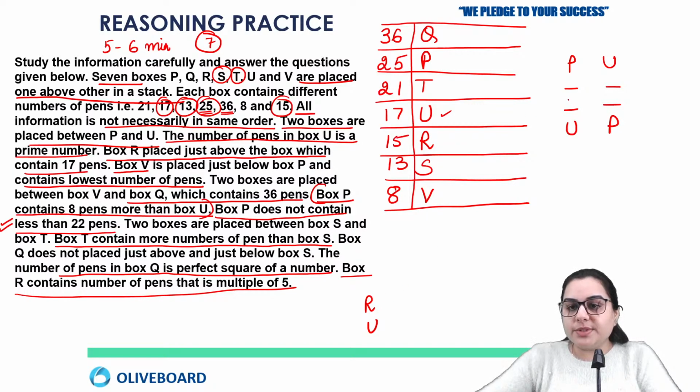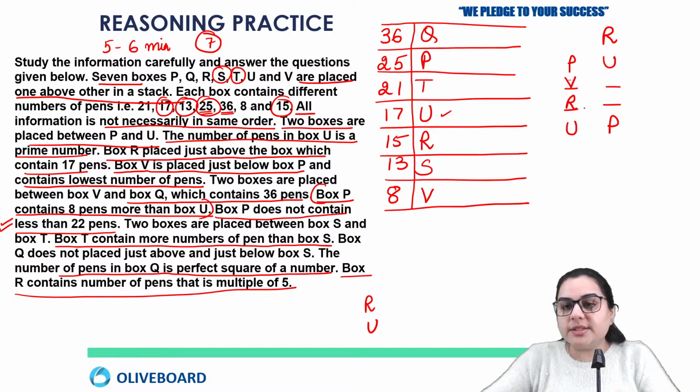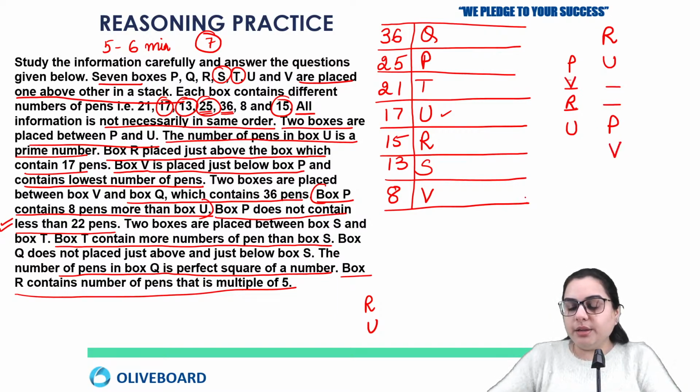So I'm going to write R above U in both the possibilities. Next we have that box V is placed just below P. This is again noted.